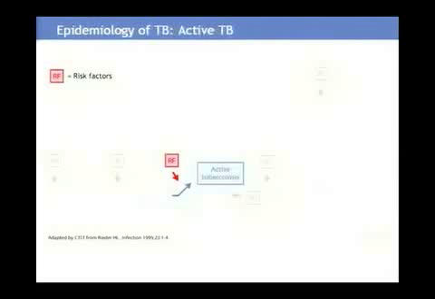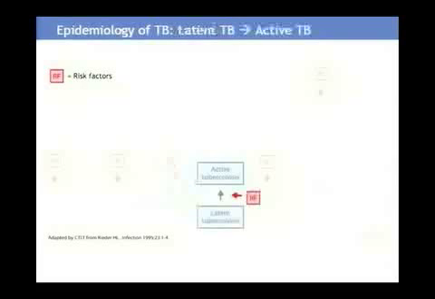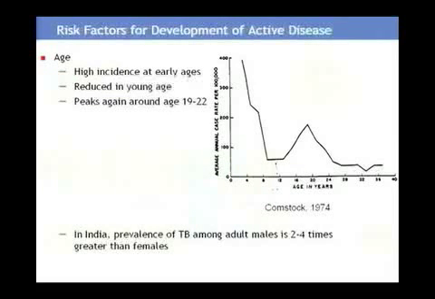Now we'll talk about some risk factors for active TB, and we will combine risk factors for active TB among people who develop active TB from recent infection and those who develop active disease from latent infection. First, we'll talk about age.